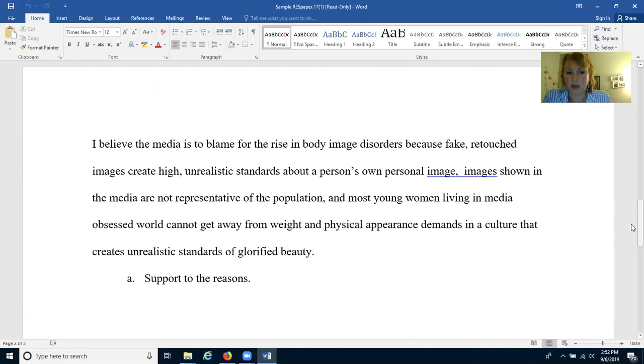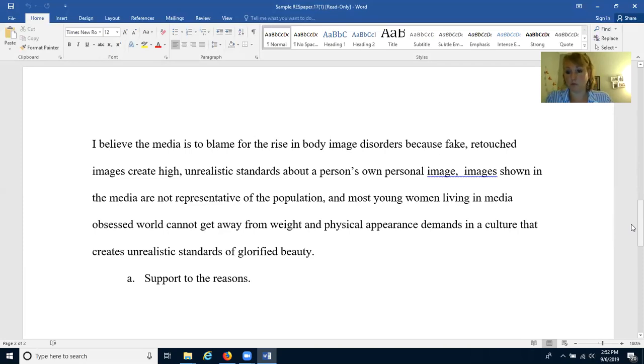So they say, I believe the media is to blame for the rise in body image disorders because, remember that link, fake retouched images create high unrealistic standards about one's own personal image. Images in the media are not representative of the population, and most young women live in a media-obsessed world, cannot get away from the height and weight, physical appearance demands in culture.